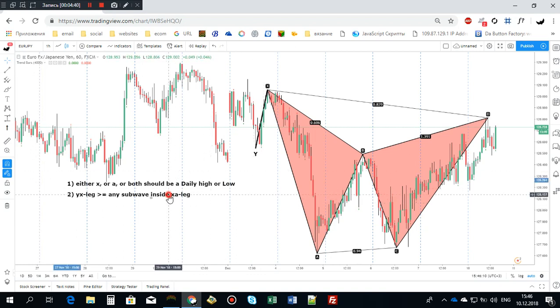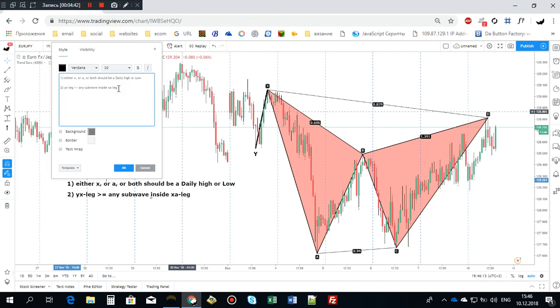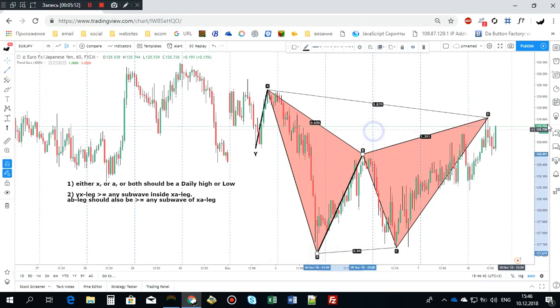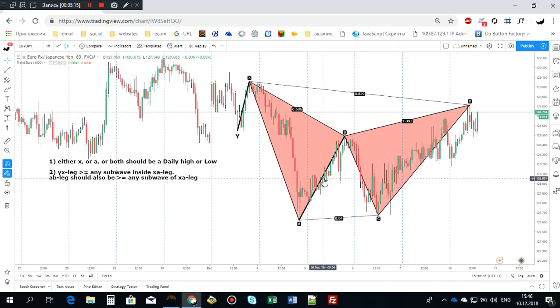And there is an additional guideline to this. The AB leg should also be greater or equal to any subwave of the XA leg. Hope you understand this as well. Of course, if we have the A to B this way, yes, it should be greater than any of them.